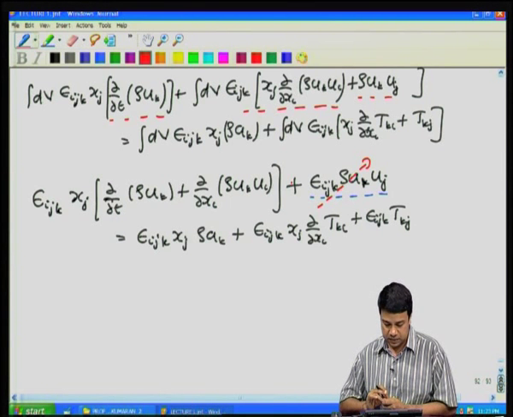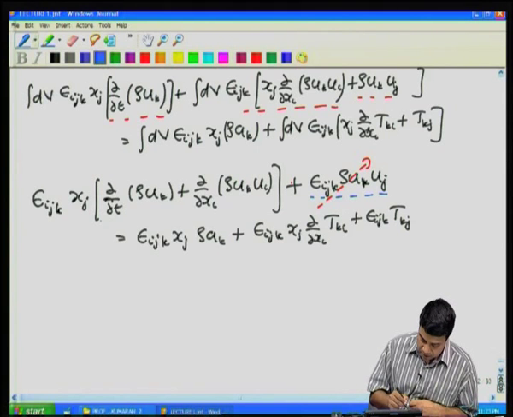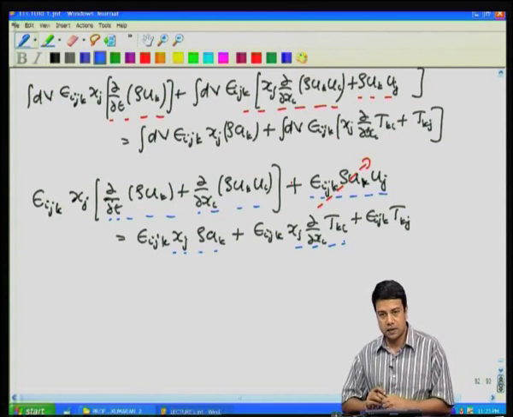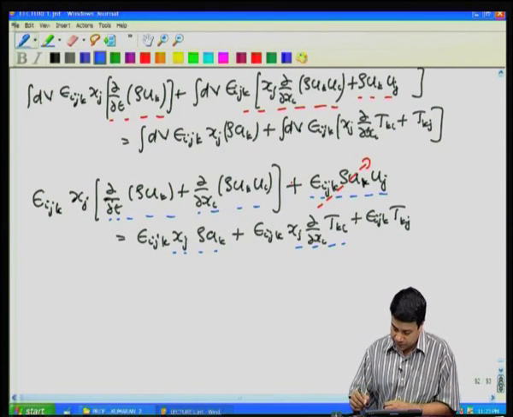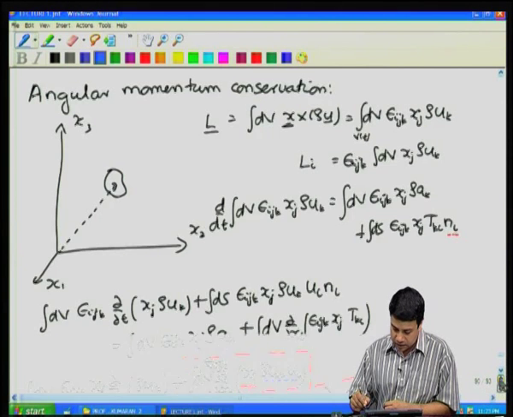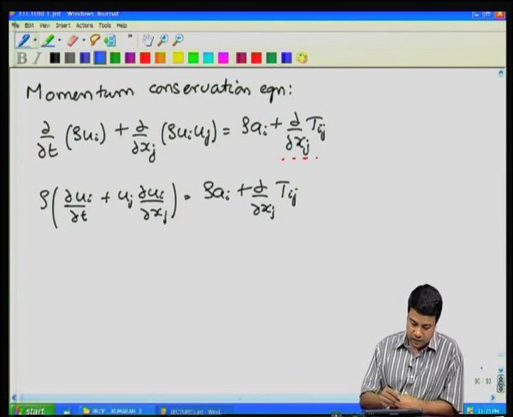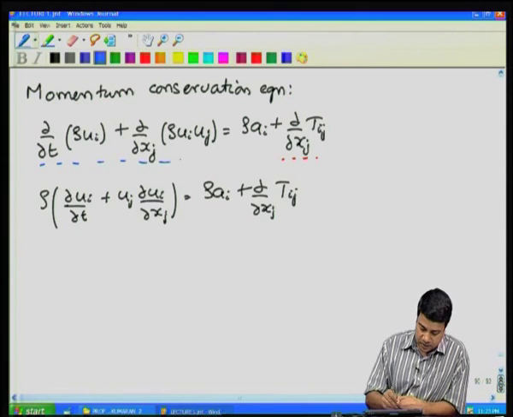Okay. If you look at all of these other terms, there are these 4 terms which are identical to the terms which were present in my momentum conservation equation. The first 4 terms are identical to what was present, if you recall, in this momentum conservation equation.